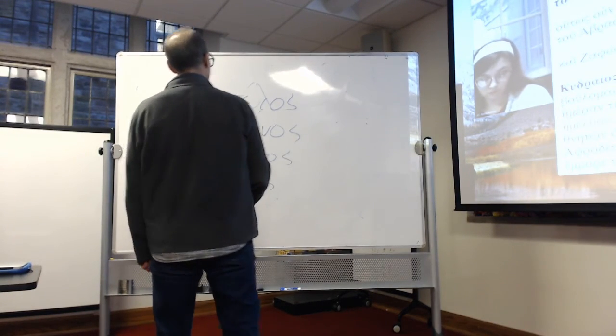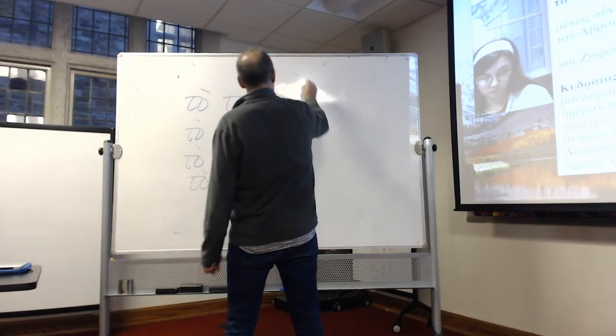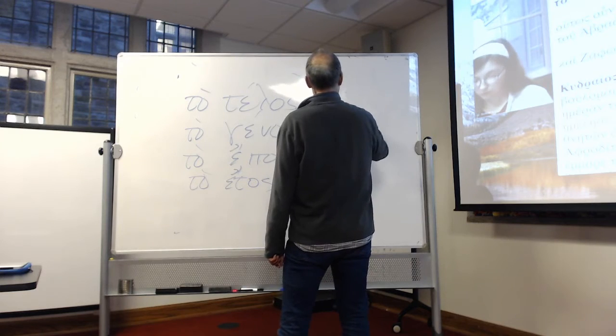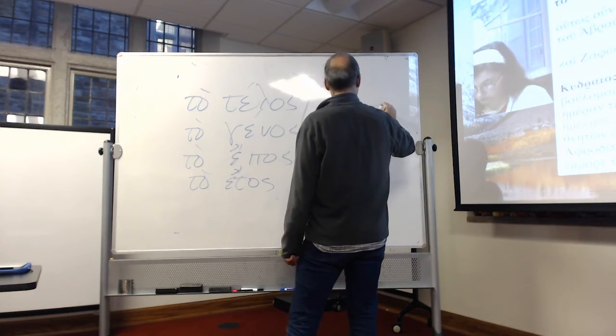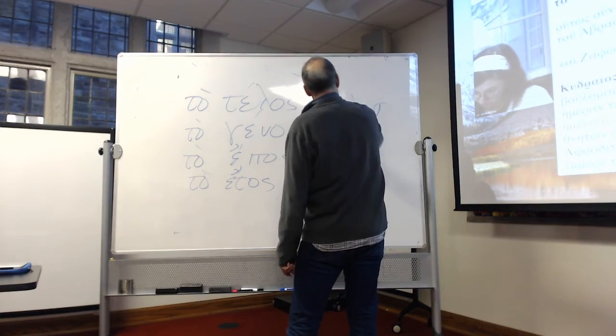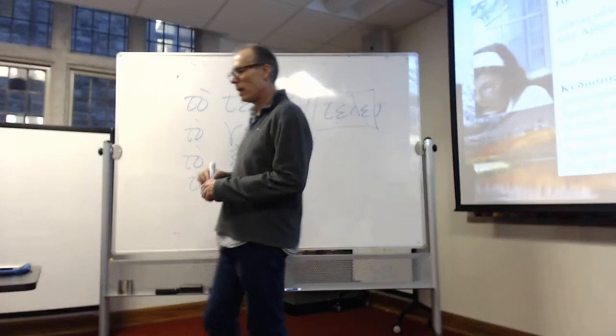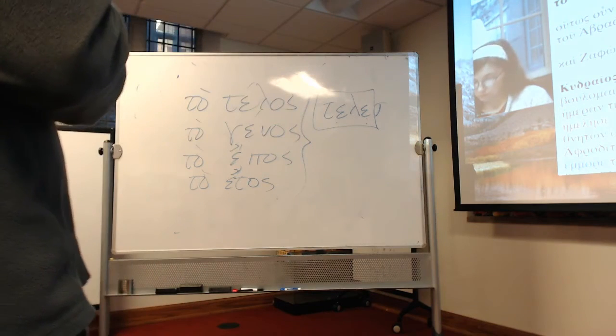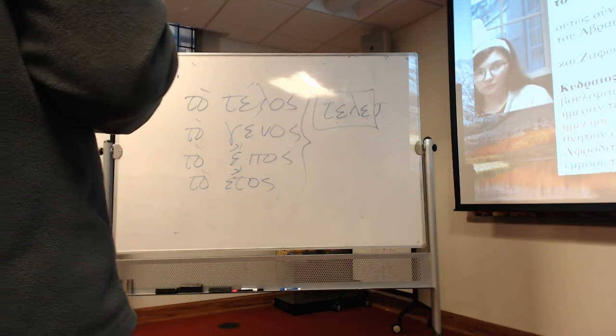Remember that for these nouns, the stem ends in an epsilon. Teles, actually the stem is like this, and what we typically work with is tela. So there you say teleo, and then we've got the verbal ending. He brought to an end, he finished the story about his forefathers.